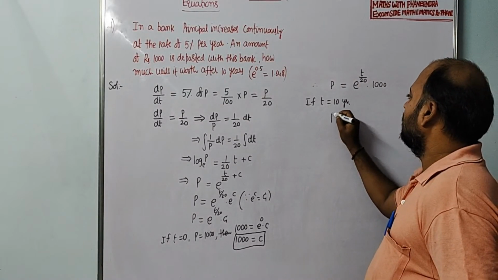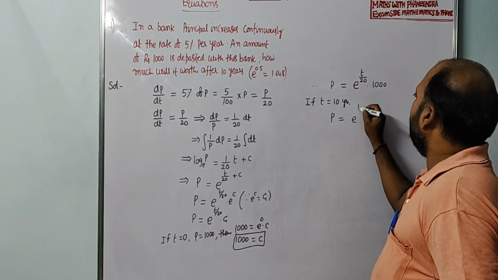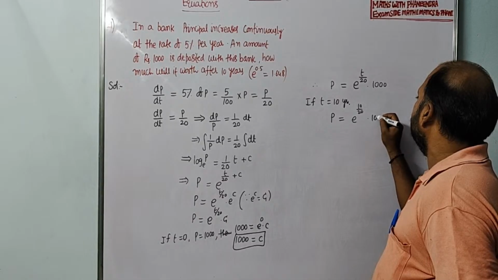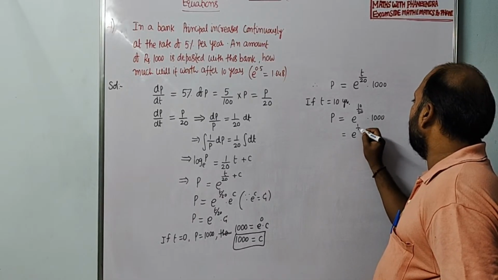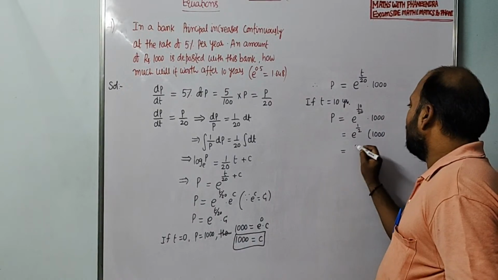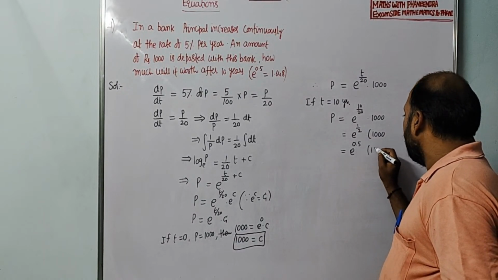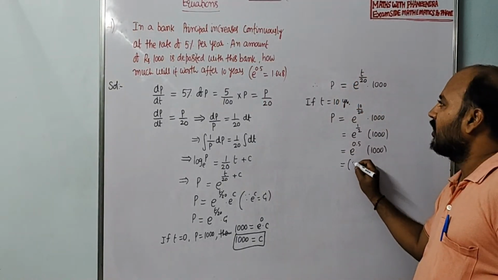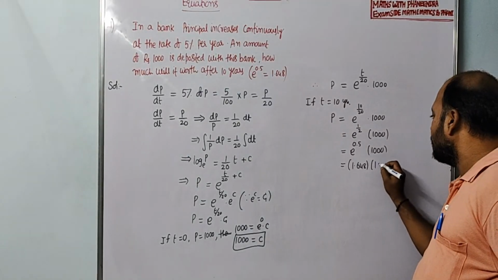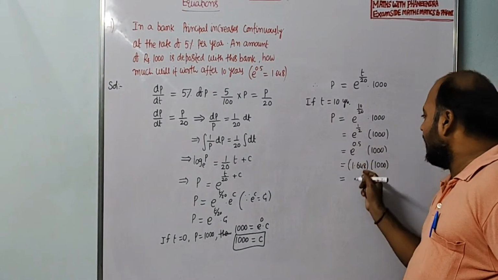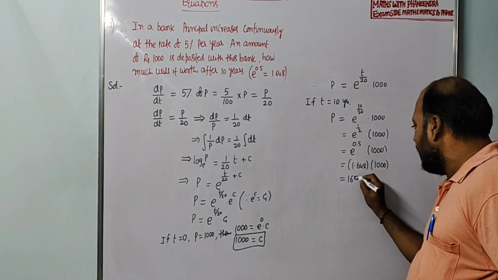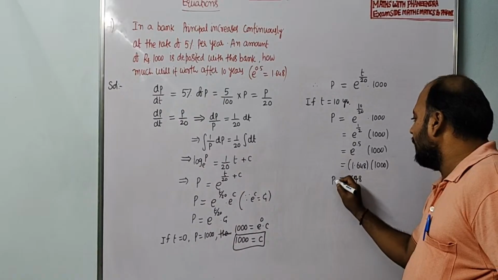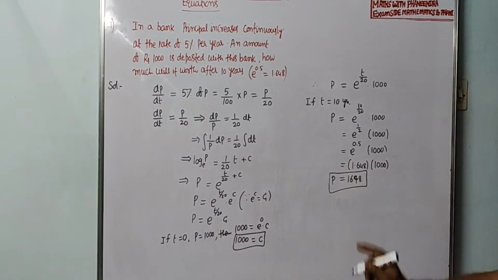If you substitute t equal to 10, P equals e power 10 by 20 into 1000. So e power 1 by 2 into 1000. e power 1 by 2 means e power 0.5 only, no? So e power 0.5 value is given as 1.648 into 1000. So after 10 years it will become 1648. The principal amount will become 1648, dear students. I hope you understand. We'll move to another question.